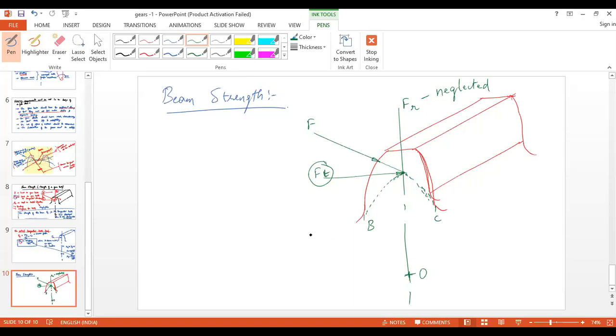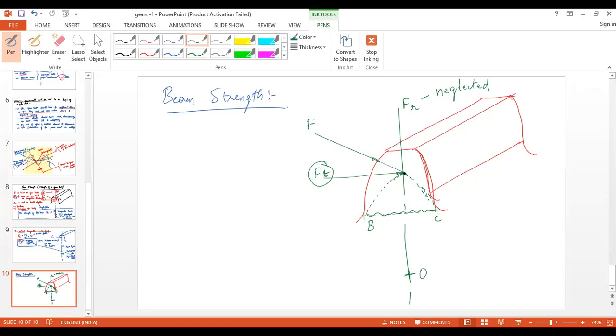The section BC will be the critical cross section. That means here the value of bending stress is more. At this cross section, there will be more bending stress. Did you understand this? Yes, sir.